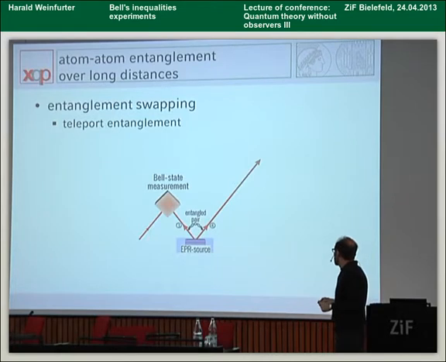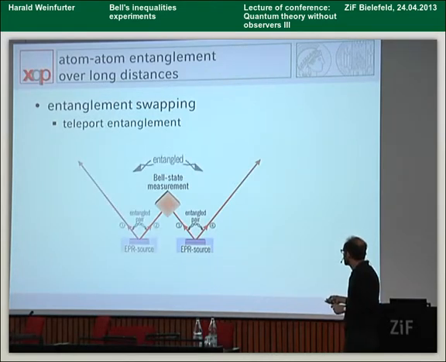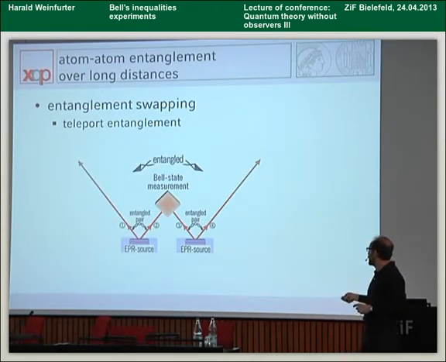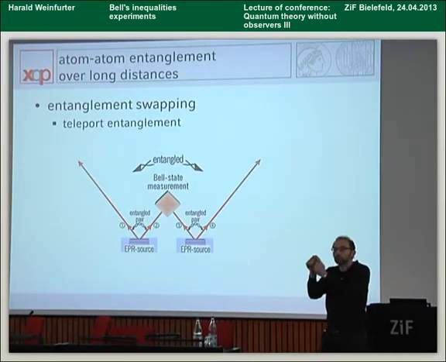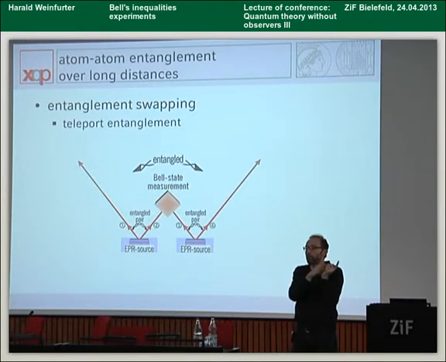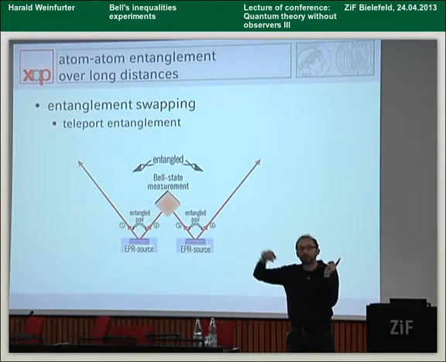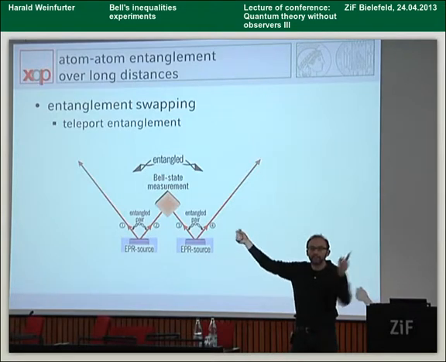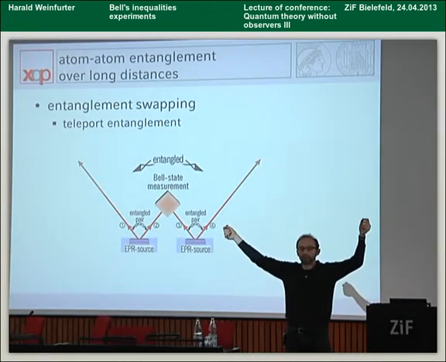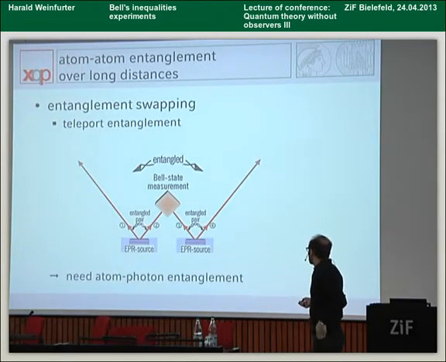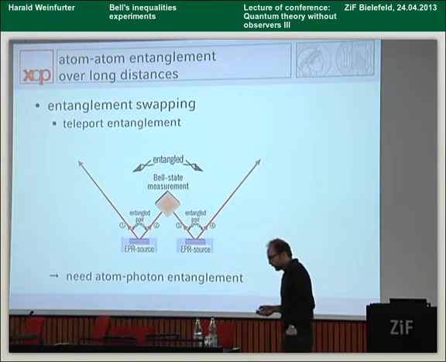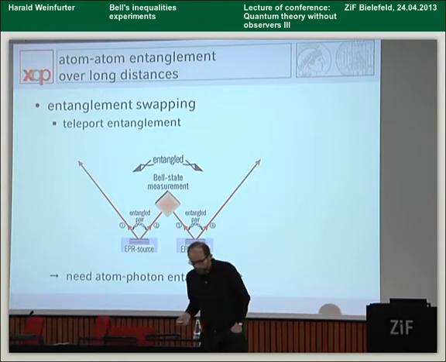So if we have this option, then we can continue this. Because if I have 2 pairs of entangled particles, and if particle 2 is entangled first with particle 1, and if I can transfer the state of 2 to 4, then at the end 1 is entangled with 4. Okay? That's the idea of entanglement swapping. So we can entangle 1 and 4 together if we have entanglement before between 1 and 2 and between 3 and 4.